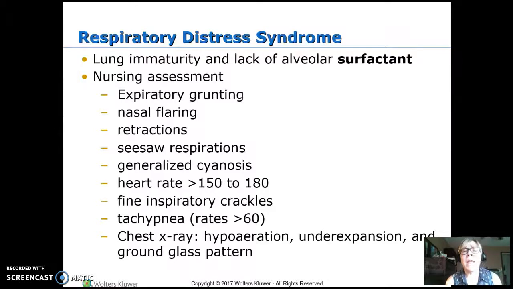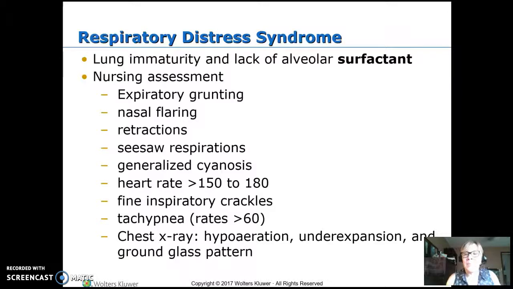Just FYI, in the U.S. we call it retractions. Most other countries, including other English-speaking countries, call it indrawing. So it pulls in between the ribs. Seesaw respirations: the chest goes down as they inhale and out as they exhale, so it's kind of opposite of what it should be.